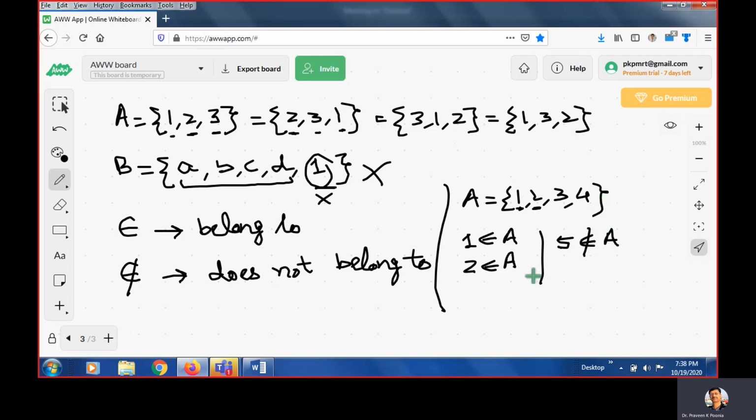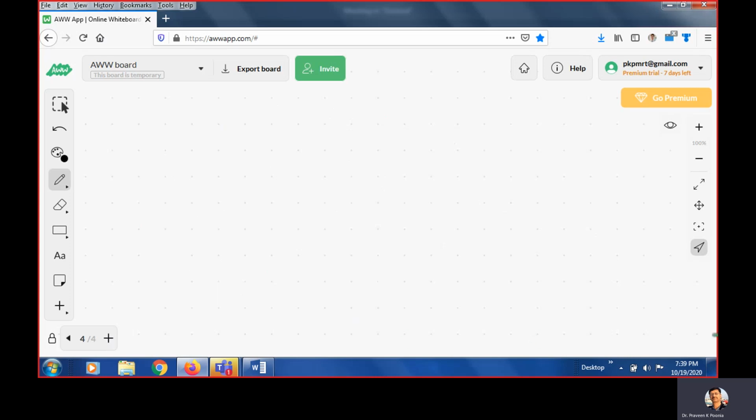So I will cut it. 5 does not belong to A. If I write 7 belongs to A, no, 7 does not belong to A because there is no 7 here. Clear? So this is the notation how we are making it. First make the symbol and then cut it. This is belong to, and if we cut it, this is does not belong to. Please remember.